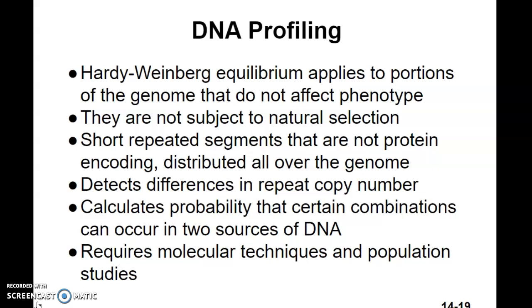Genetic drift has occurred in our populations a lot. Natural selection occurs. So what it does affect is things like introns or the junk DNA of our chromosomes, which remember, is 98.5% of your genome. Hardy-Weinberg does apply there because nobody's going around saying, hey, you've got some cute junk DNA, I want to go out with you. No one cares about that stuff. So it is subject to Hardy-Weinberg equilibrium.